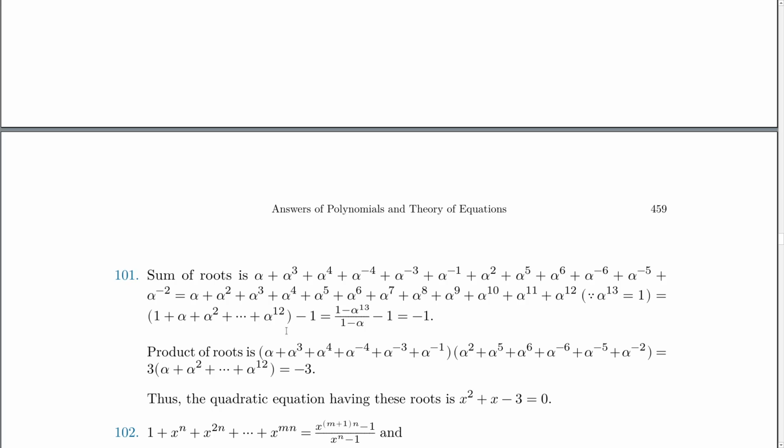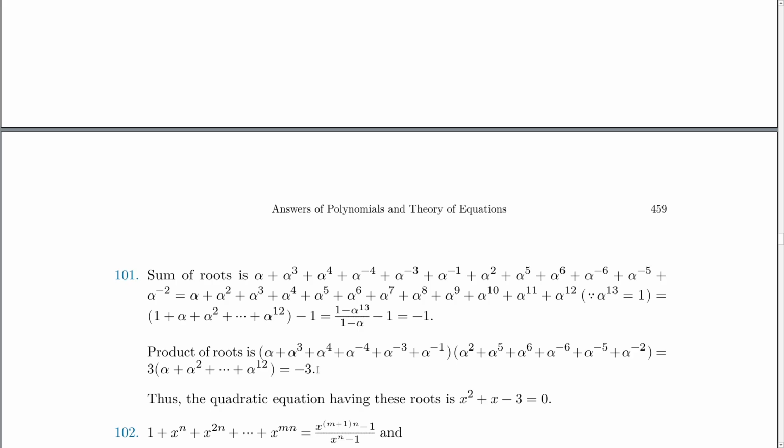Now, if we multiply these two roots, we get 3 into alpha plus alpha square up to alpha to the power 12, and that is minus 3, because this sum we have evaluated as minus 1. So now we have two roots, minus 1 and minus 3.